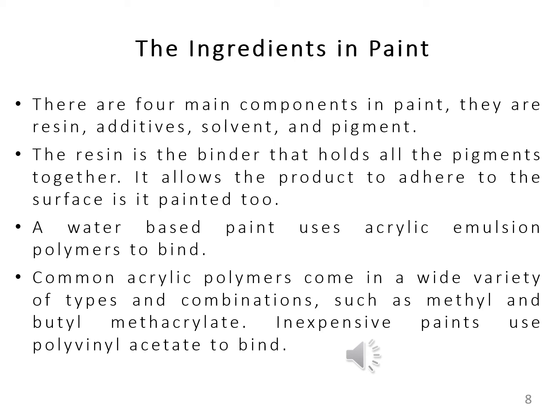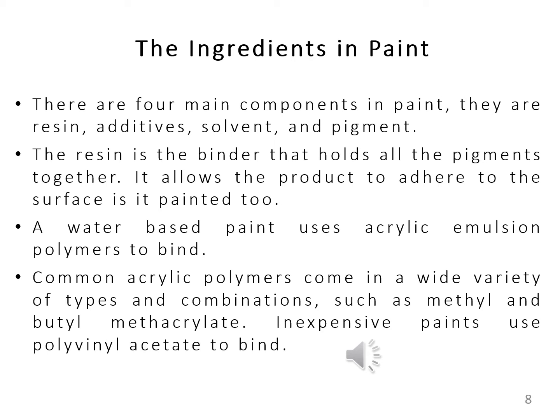Another important function of the resin is that it allows the paint to adhere to the surface when we use it as a surface coating or when we paint a surface.